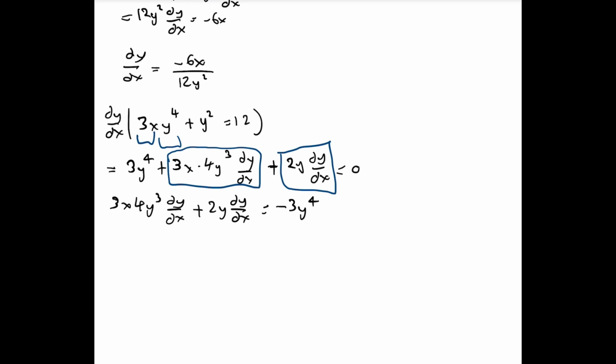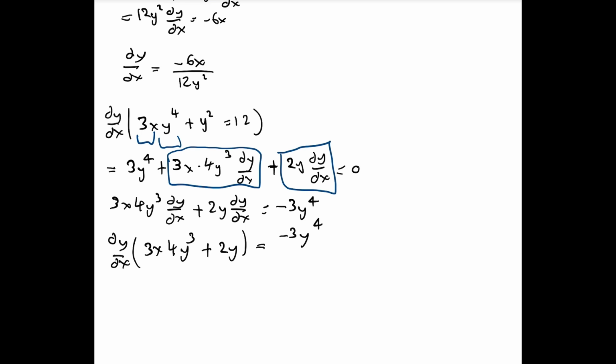And now I'll take my factor, dy/dx, out the front, and the things dy/dx is being multiplied by go in the bracket: 3x times 4y cubed, plus 2y, and then equals minus 3y to the power of 4.